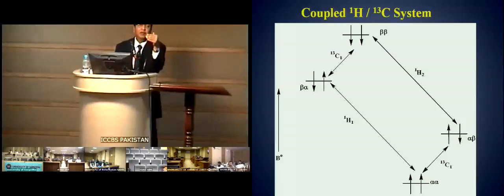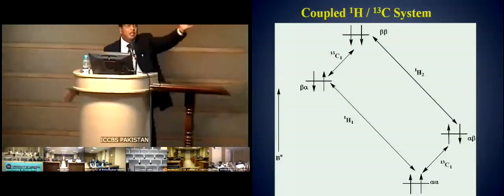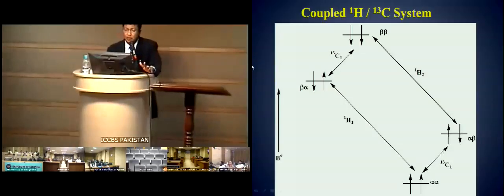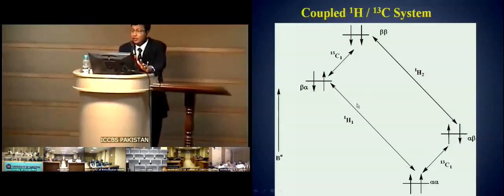Proton alpha and beta state has 4 times larger del E as compared to carbon del E. So this is the reason why it is made in a funny way, that the 2 states, alpha and beta, are not equivalent, right?